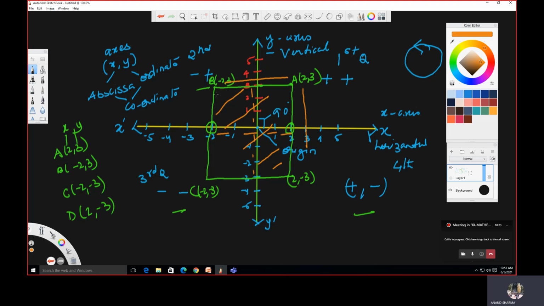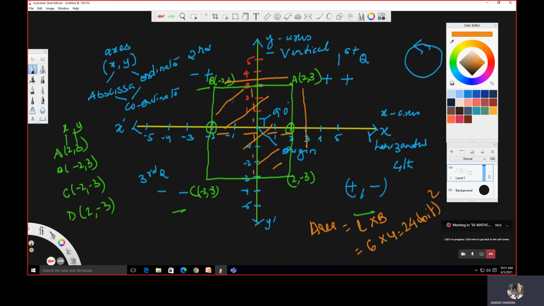Now you can see that the length is 6 and the breadth is 4. If I tell you to find the area, area is length into breadth, so that is 6 into 4, 24 unit square. All right. And if you have taken 1 centimeter, then centimeter square.